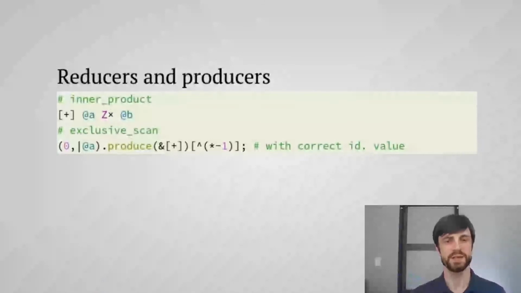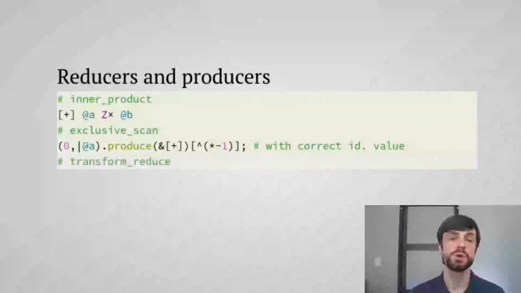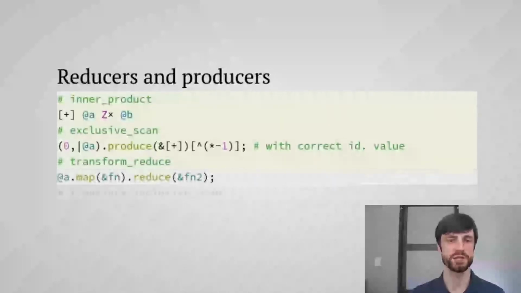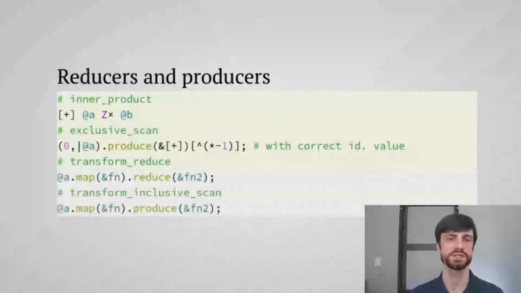There is that limitation to our implementation, but other than that, it is exclusive scan. The last two things that we're pulling from C++ implementations are fairly trivial, but I just want to mention them here for completeness. Transform reduce, which is just map reduce, and transform inclusive scan, which is just map followed by produce.